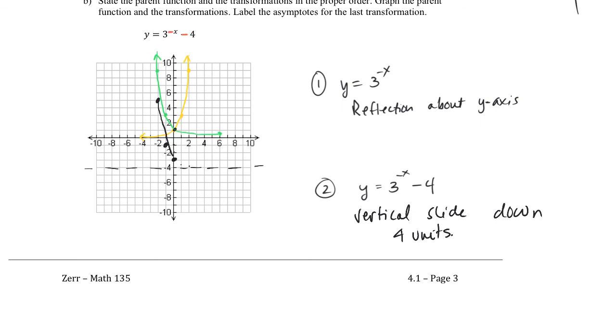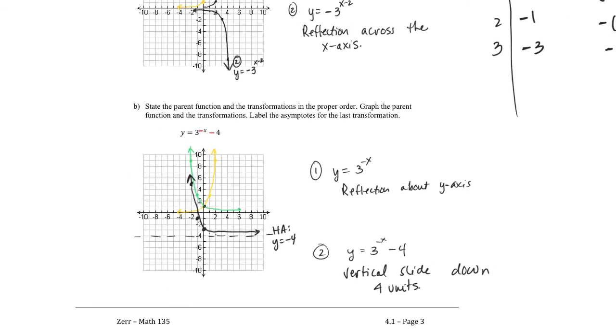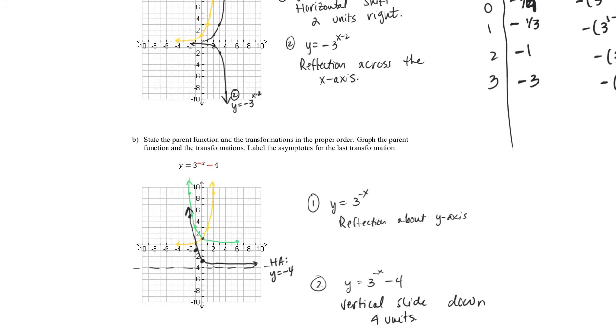All right, so we're just sliding down and we've got our horizontal asymptote now at y equals negative 4. And what is our y-intercept? It's at 0, -3. And let me just make sure that I have here, this is the same horizontal asymptote at y = 0.